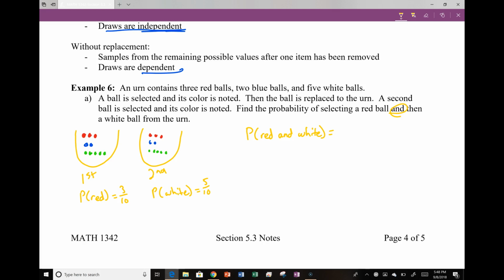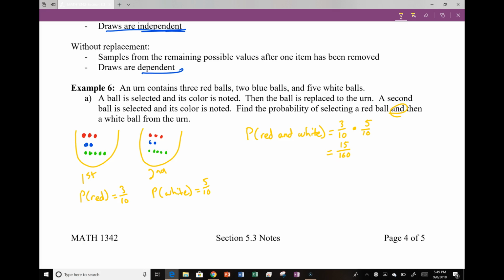This is my first draw, this is my second draw. The probability of getting a red on the first draw was 3/10. I have an "and," so that's going to mean multiplication. The probability of getting a white ball on the second draw was 5 out of 10. When I multiply across, that gives me 15 out of 100.